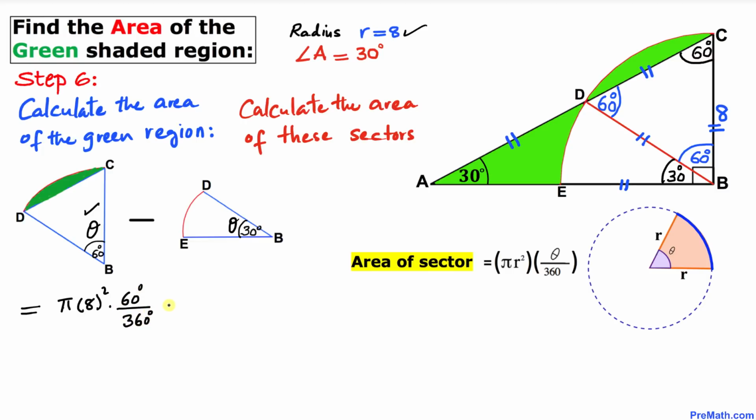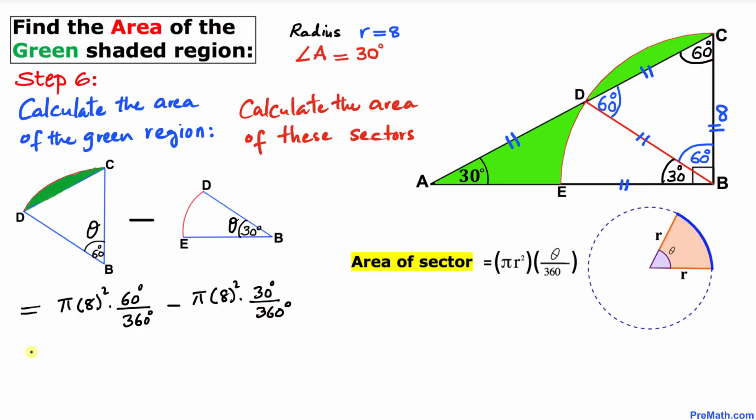360 degrees. Then we have a minus sign for this one. We again do pi times 8 squared times, this time, theta is 30 degrees divided by 360 degrees.